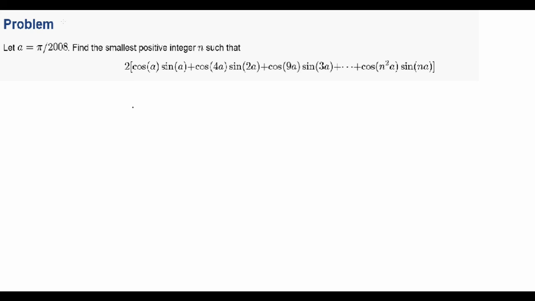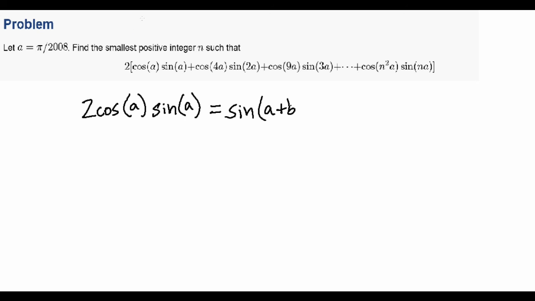Okay, so the first interesting thing about this sequence is the existence of two cosine A sine A. This little expression has an interesting property, since we always want to split up the cosine from the sine because that gets really annoying really fast. This is actually equal to sine(A plus B) minus sine(A minus B). Why is that?